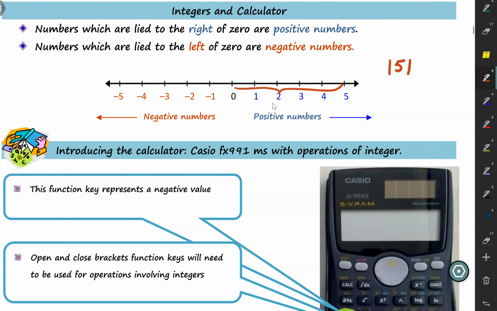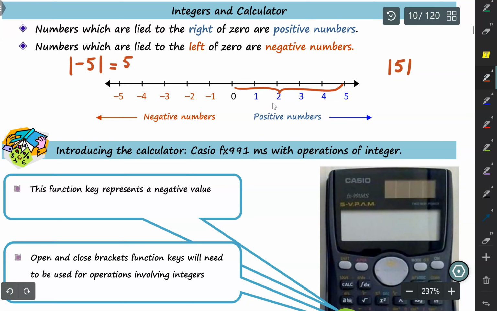If I have -5, the absolute value is also equal to 5. What I want to present is just the magnitude, the distance from 0 to -5. Basically, if you have the absolute value of a negative number, you can change that into a positive value.